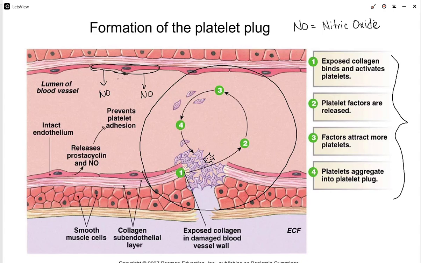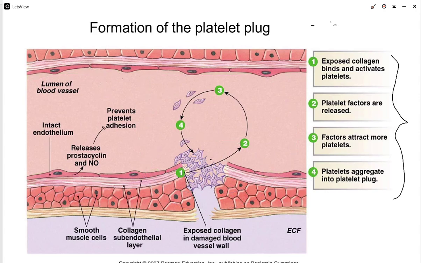So it's only secreted from healthy cells. So let me go ahead and highlight the cells that are secreting nitric oxide. These are all secreting nitric oxide. These are secreting nitric oxide. That's secreting nitric oxide. The only place where there would be a dearth of nitric oxide would be the damaged area. And of course, that's where a platelet is going to drift down into.